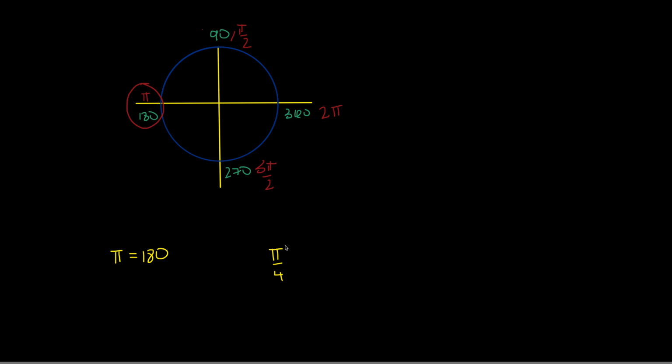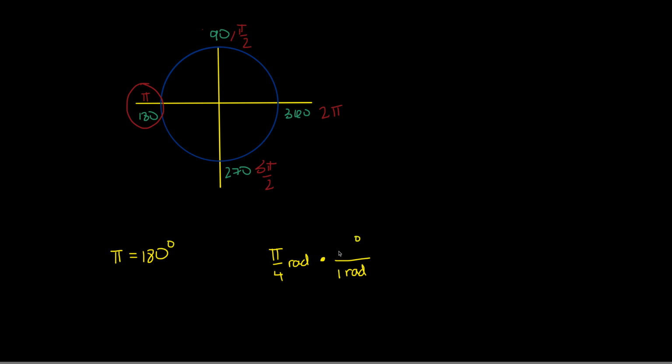Well, just like using unit conversions, pi over 4 radians will equal times, I'm going to have to put radians on the bottom and degrees on the top. I'm going to put a little degree sign here.